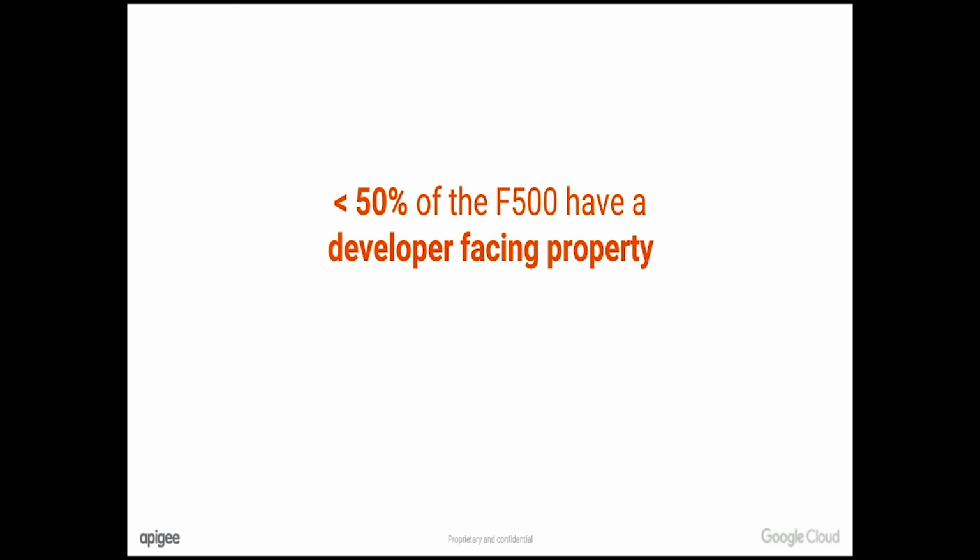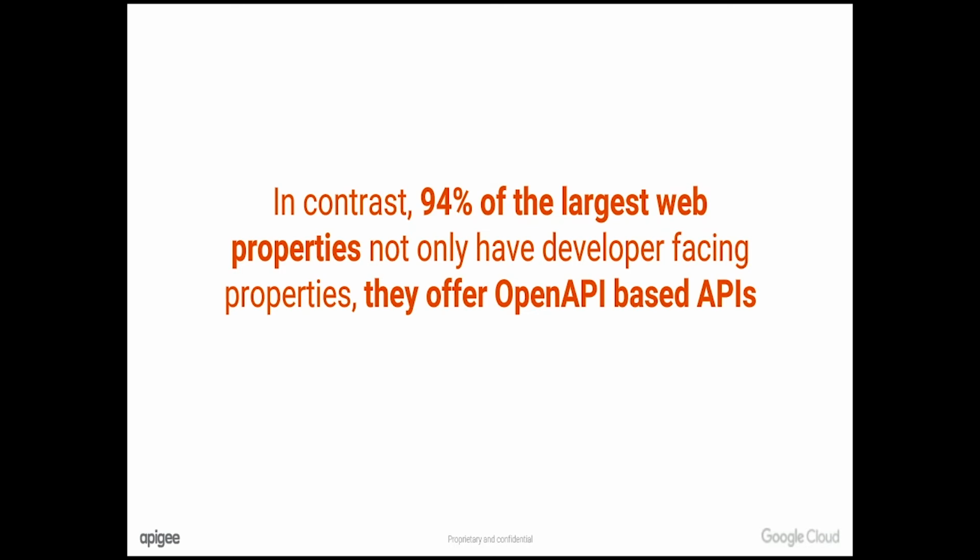In contrast, 94% of the largest 100 web properties, defined by who have the maximum number of pages in a large sample of the web, not only had a developer-facing property, but they actually offered open APIs.